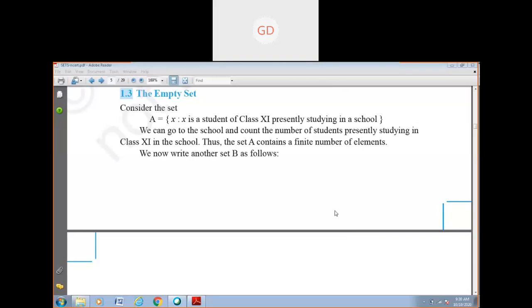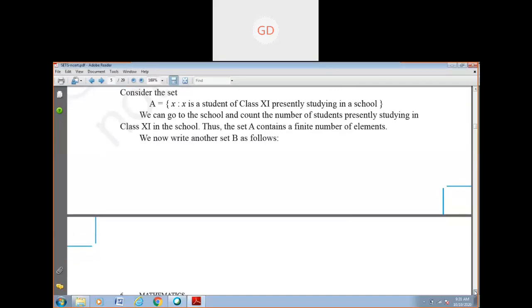From the literal meaning of the term, you can understand that this is empty, that means no element is there. The number of elements in the set is 0. So the definition is: a set having no element is called an empty set, null set, or void set.